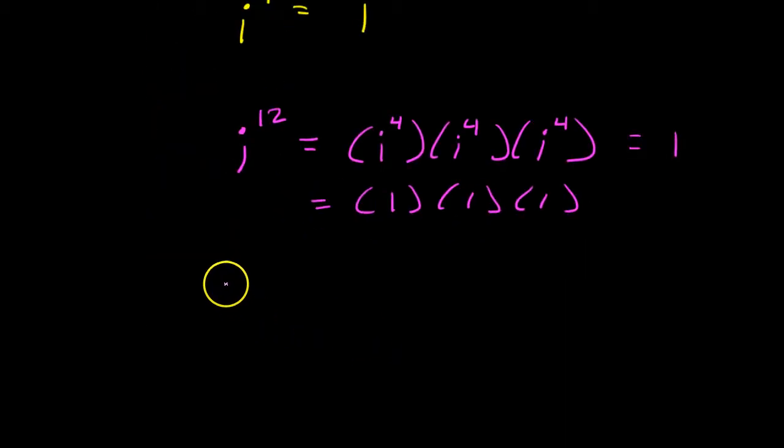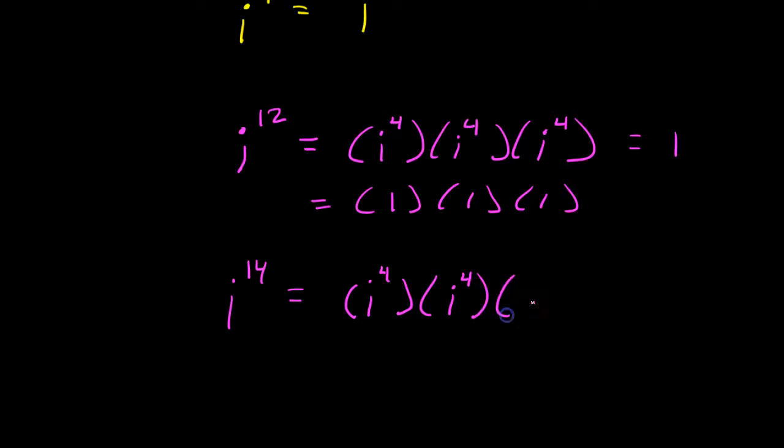What about i to the 14th power, for example? Well, i to the 14th power is just i to the 12th power with an extra couple of i's. So wouldn't i to the 14th power be i to the fourth power times i to the fourth power times i to the fourth power, that's i to the 12th power so far, times i squared.